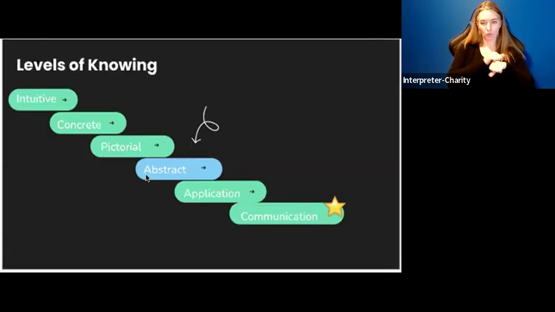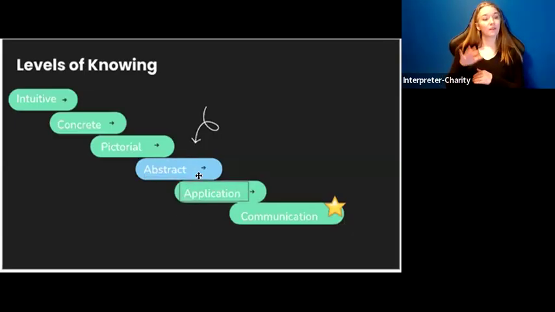Most of our textbooks start here, which is why it's highlighted blue there. Most things that our students are presented with are given to them as an equation already, and students are being asked to go back and connect to the concept and then move ahead into the next phases.